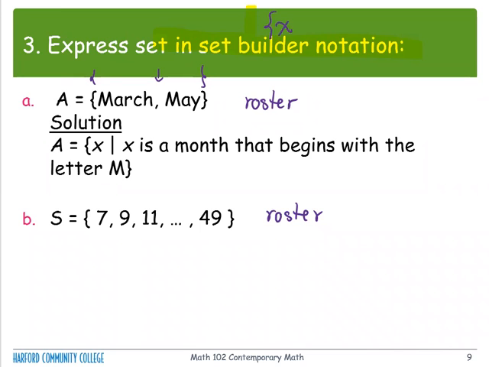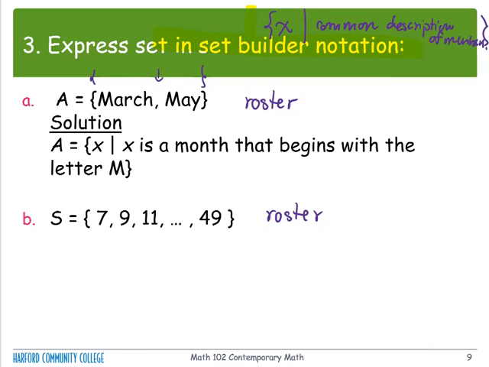Usually we use the letter X, a vertical line, called the vertical bar, meaning such that, and the common description of the member, or some property that all members have in common.